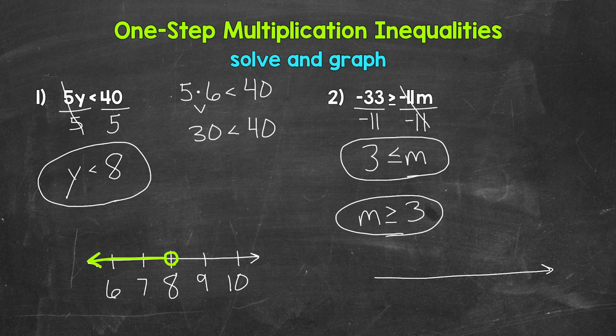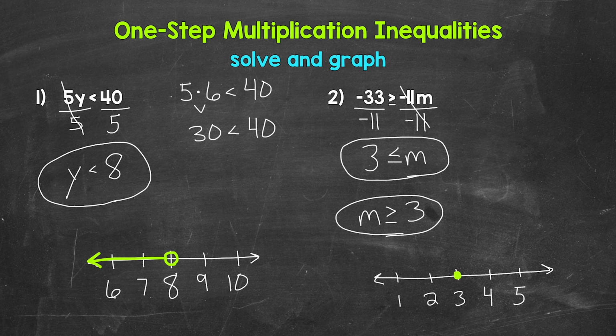Now let's graph. So we can draw our number line here and put 3 in the middle with a couple of numbers on both sides. So we have 1, 2, 3, 4, 5. Now m is greater than or equal to 3. So 3 is included. It is a solution.